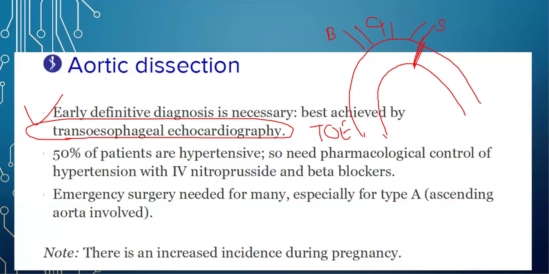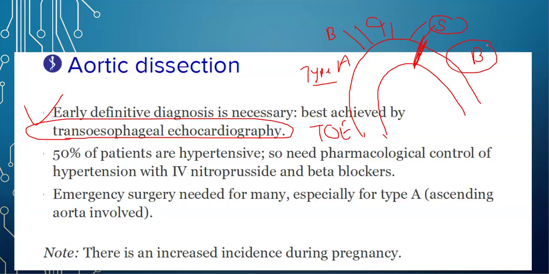If dissection happens proximal to the subclavian artery, that's called type A dissection. If dissection happens distal to the subclavian artery, that's type B dissection. Which one is worse? Type A, because it's closer to the heart. So type A needs surgical management, and most of these patients will die. Type B has a better prognosis.